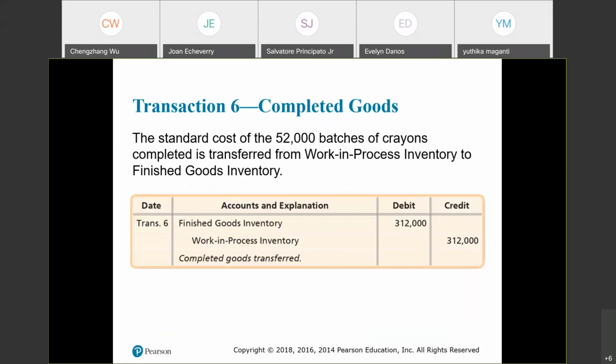Well, next transaction is to transfer the standard cost of the 52,000 batches of grains completed during this year from WIP inventory to finished goods. We debit finished goods inventory and credit WIP inventory for the same amounts. The amount equals the amount you transferred.